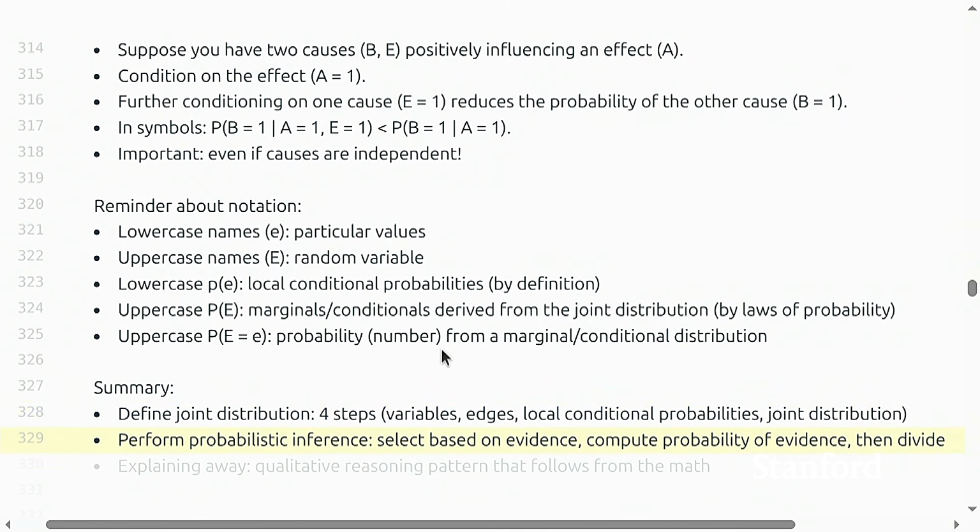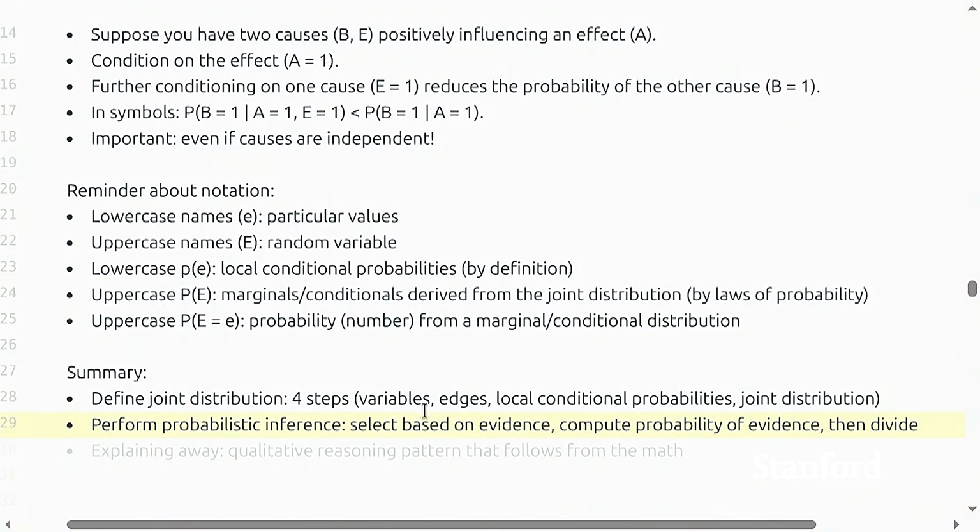Now, we also did probabilistic inference, which basically said select the assignment rows based on the evidence, compute the probability of the evidence, and then divide by that probability. So that's mechanically what happens. And then we also saw that explaining away was this really cool phenomenon. It's a qualitative reasoning pattern that follows from the math.